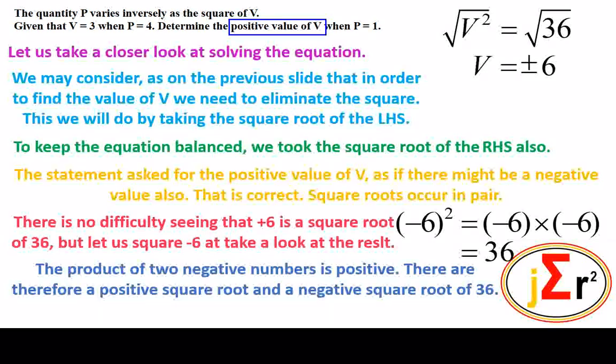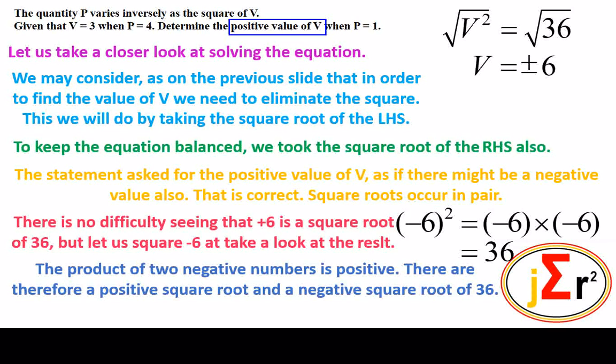Therefore, we need to say rightly that v is equal to positive or negative 6. That's our answer, a positive or negative 6. If we solve the equation, v is equal to 6, that will satisfy the requirements of the statement of the problem.